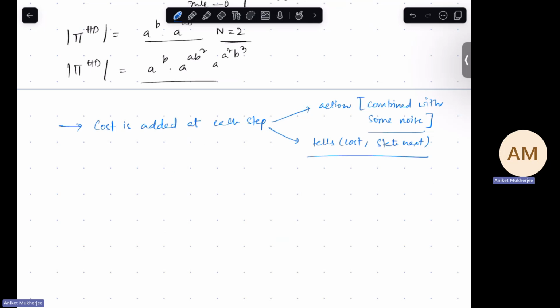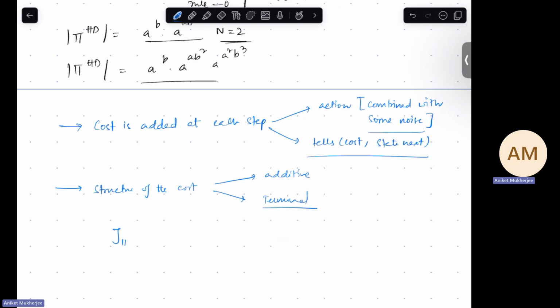So cost is added at each step. It is a stepwise thing, a sequence of decision making, where at each decision that you have made, you get the feedback of what cost you have incurred till now. And the structure of the cost function is such that you have this additive structure, where you get a cost and add it, you get a cost and add it, and then there is this notion of terminal state and terminal cost.